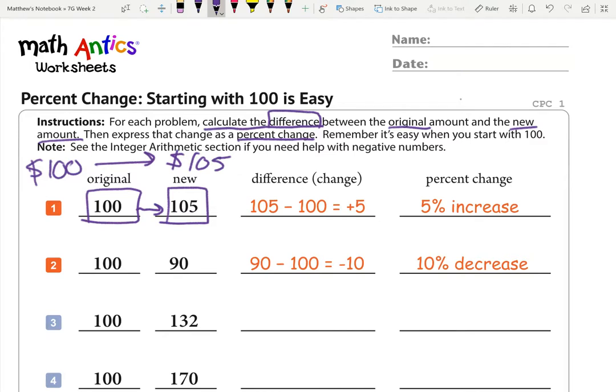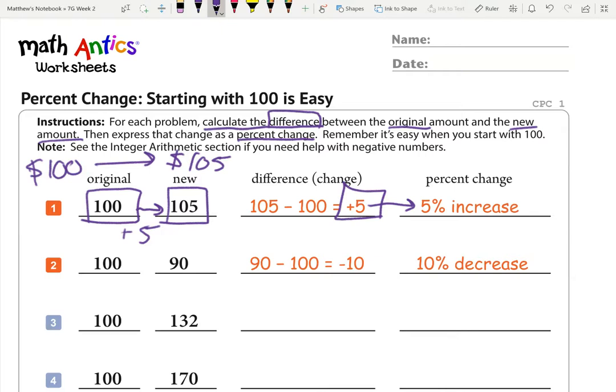We could do 105 minus 100, or simply say, what do I have to add to 100 to get to 105? I'd have to add 5. So I have my change as plus 5. And now to figure out the percent change, we just take this number and write it with the percent sign afterwards.